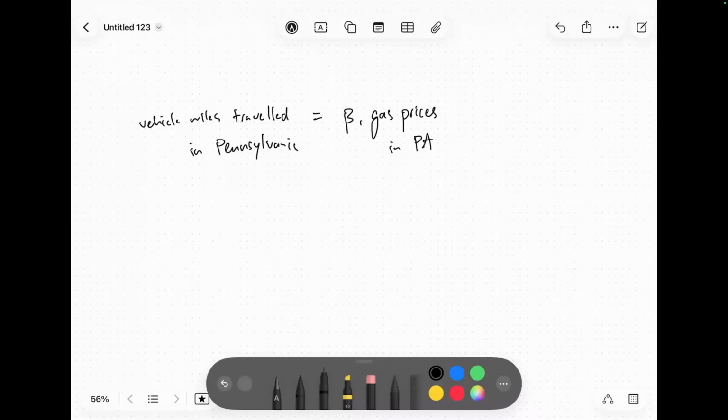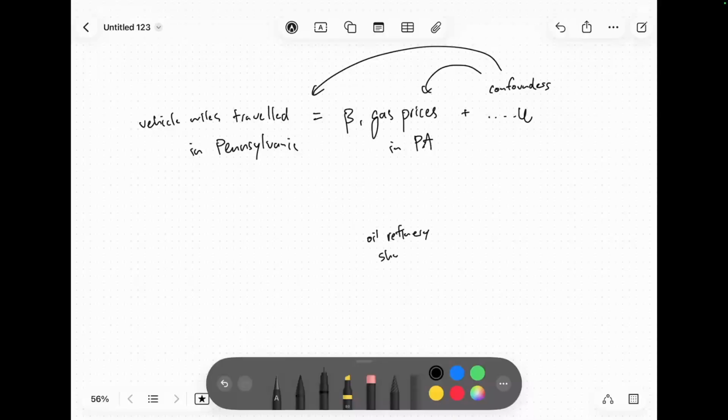The instrument that we came up with, given all of these confounders that could be affecting things, we'll call this U, was oil refinery shutdowns in the Gulf of Mexico due to hurricanes.